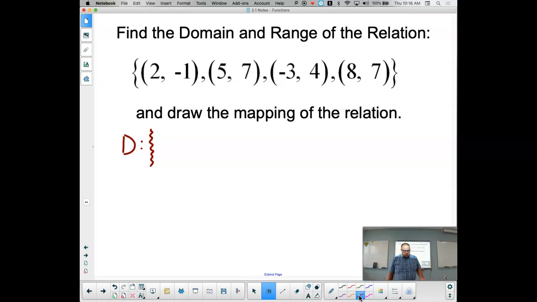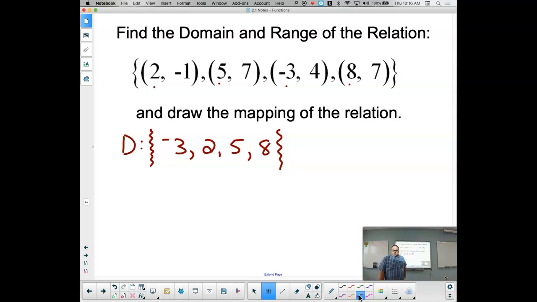Domain from earlier in our notes says it was the set of all input values, or it's all the x's. So this is part of the domain, that's part of the domain, and that's part of the domain. For clarity, to make it easier on everybody, we'd want to put those in numerical order: -3, then 2, then 5, then 8.